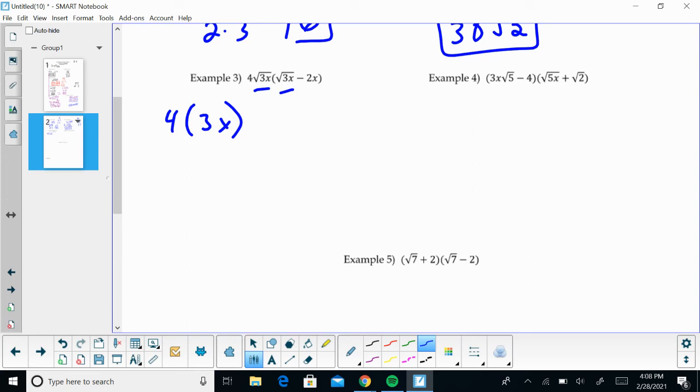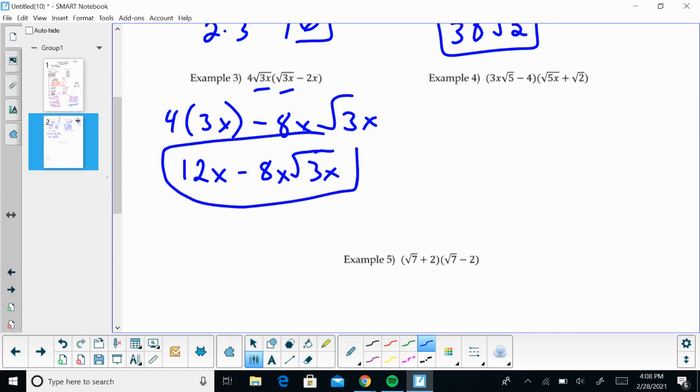Distributing my second time, I'll have negative 8x square root of 3x. Simplifying, 3 times 4 is 12x minus 8x square root of 3x. Can I combine these? I cannot because I have that square root of 3x on my other side.